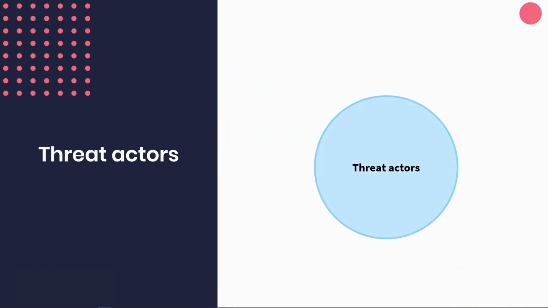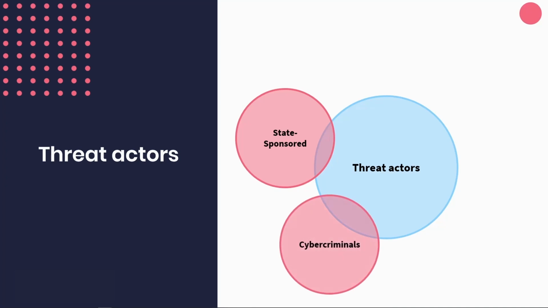Some of the more common types of threat actors are state-sponsored, white or black hats who steal government secrets, gather intelligence, and sabotage networks. Targets are generally foreign governments, terrorist groups, and corporations. Then you have your cyber criminals, black hats stealing billions from consumers and businesses.